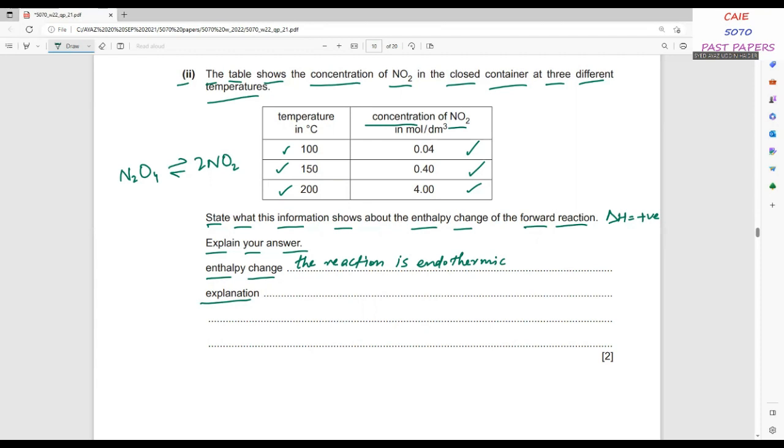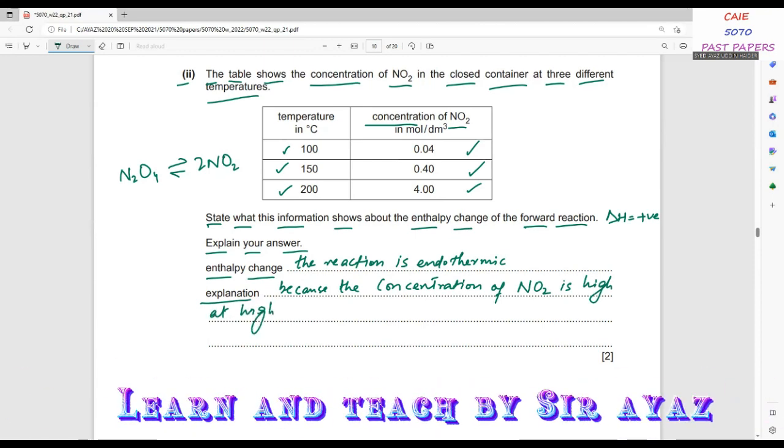For instance, for NO2, you can write because the concentration of NO2 is high at high temperature.